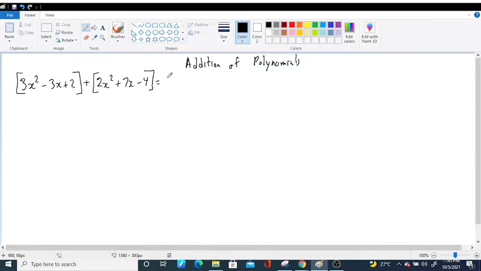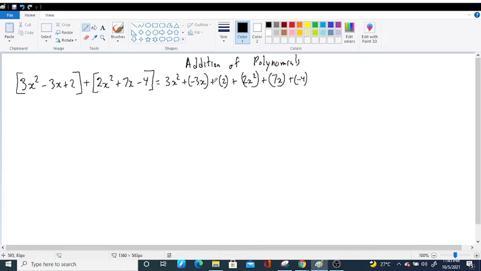We then have 3x squared plus the negative 3x plus the 2 plus the 2x squared plus the 7x plus the negative 4.